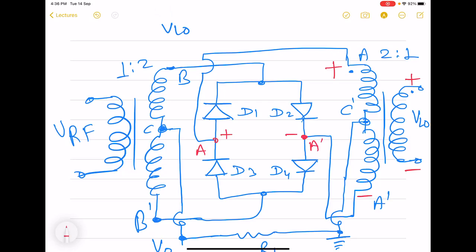In this case, what we find is that these two diodes experience large forward bias. However, the other two diodes experience large reverse bias.